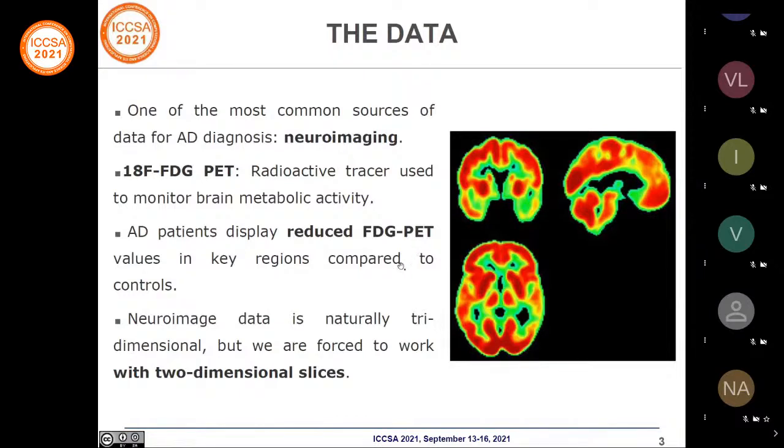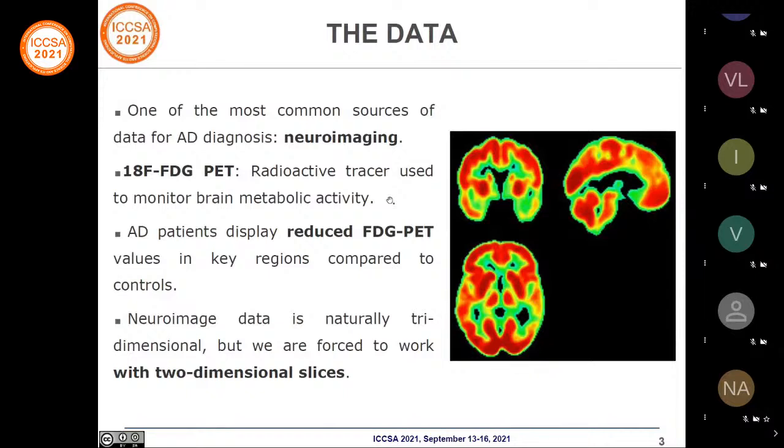So in my thesis, we're working with a well-established technique, which is 18F-FDG PET, or positron emission tomography, which uses a radioactive tracer, 18F-FDG, a radioactive particle similar to glucose.